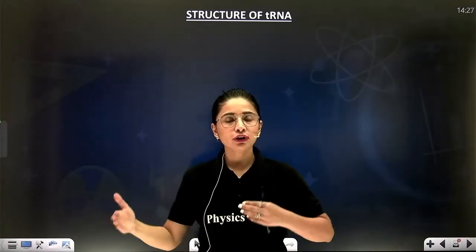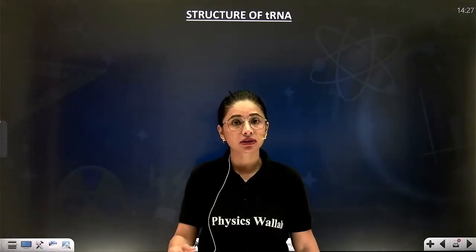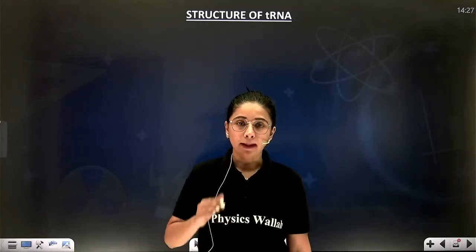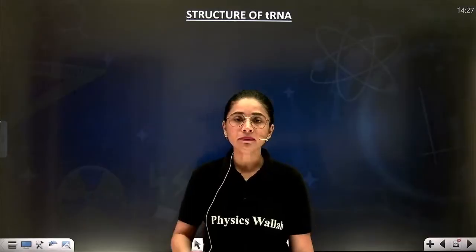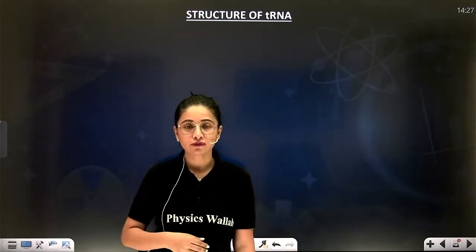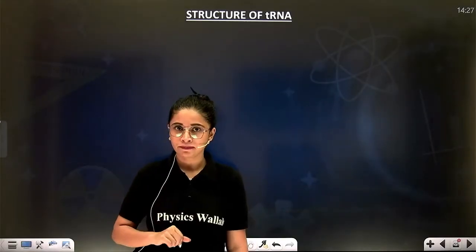Now, before you start with the main process of translation, you need to understand the structure of tRNA also, because apart from mRNA and rRNA, the third important RNA that is involved in the process of translation is tRNA. T stands for transfer, right?